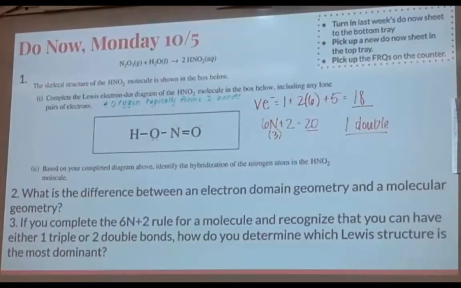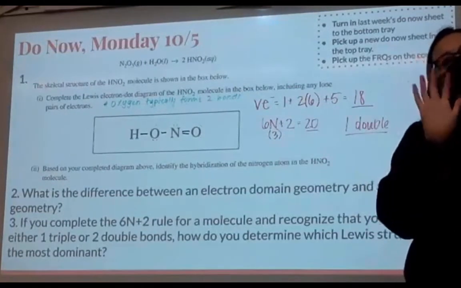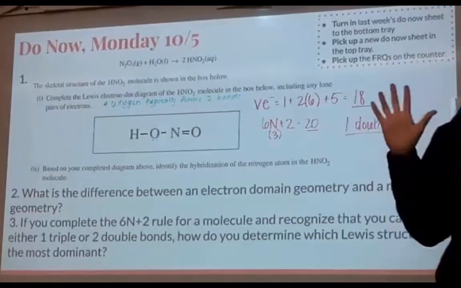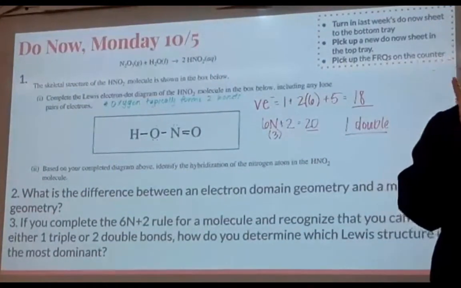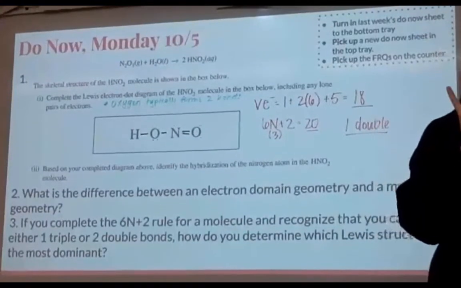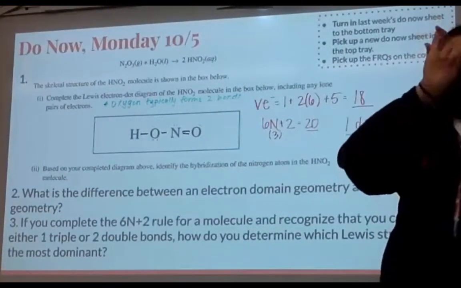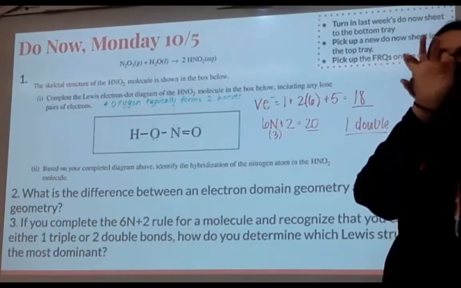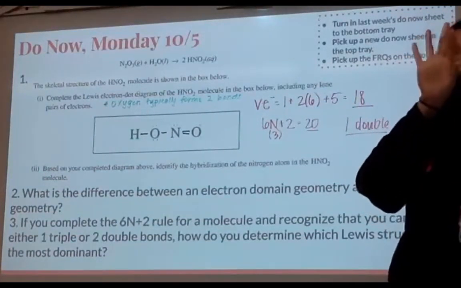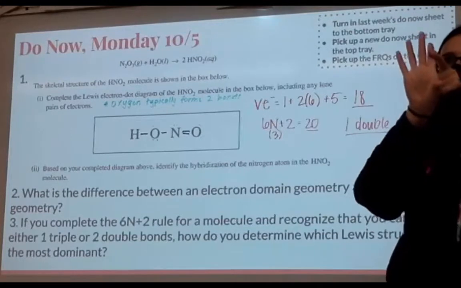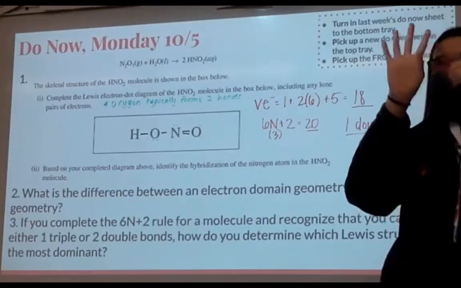You just need to be able to identify hybridization. There's a trick you can use your fingers with, or you can just memorize them, whatever works for you. When we think about orbital diagrams, the s sublevel has 1 orbital. The p sublevel has 3 orbitals, 1, 2, 3, and then the d sublevel has 5.